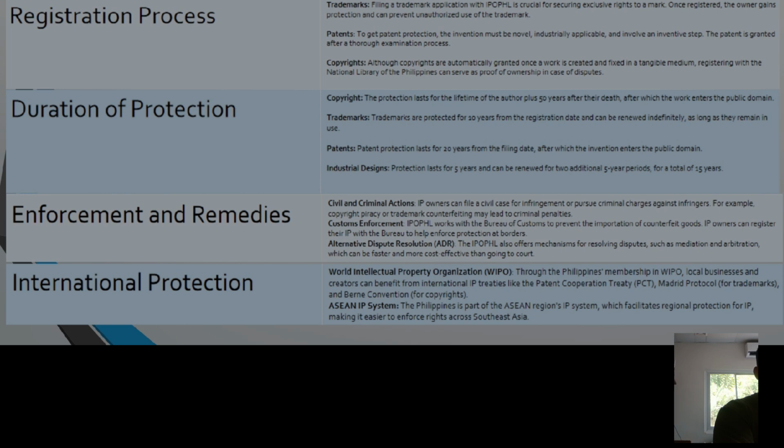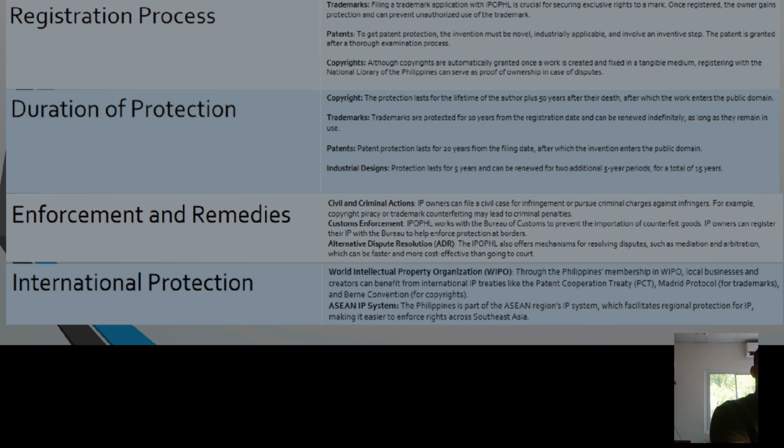The World Intellectual Property Organization, or WIPO, has the Philippines as a member. Through this membership, local businesses and creators can benefit from IP treaties like the Patent Cooperation Treaty, the Madrid Protocol, and the Berne Convention. There are different types of treaties or agreements, not just limited to the trademarks of different organizations, but also for the copyrights of individuals.